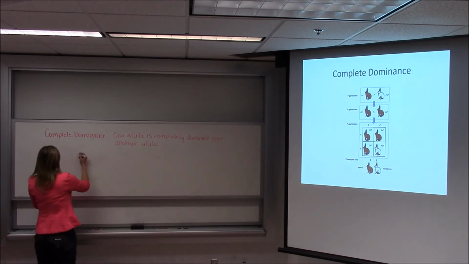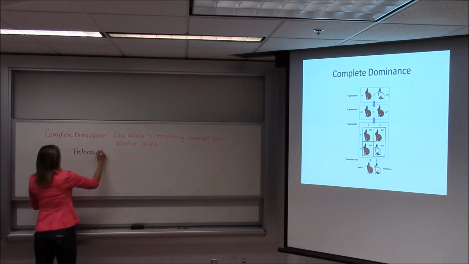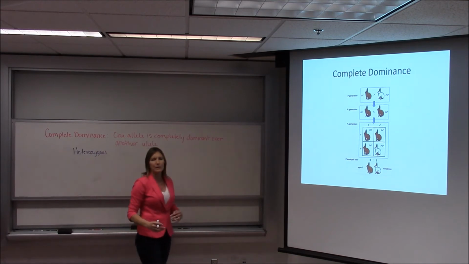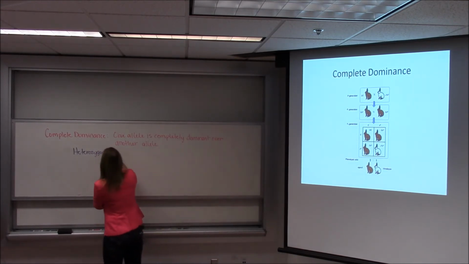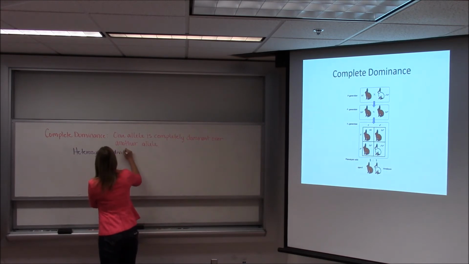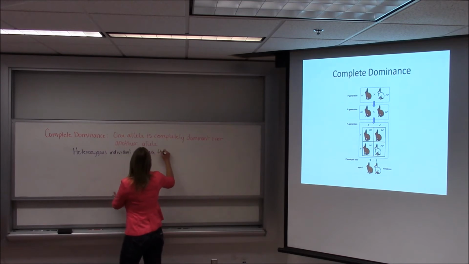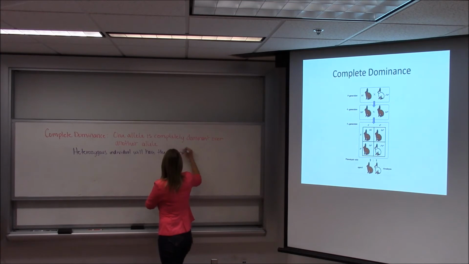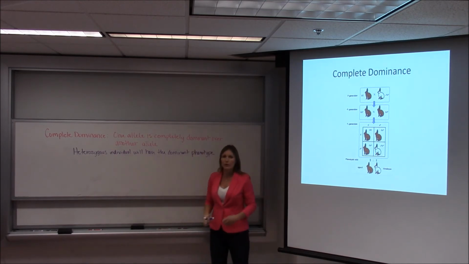If in that heterozygous individual we see one allele being expressed in the phenotype, then we know that was the dominant allele. So the heterozygous individual will have the dominant phenotype. It will look like whatever the dominant allele is. In other words, he has one of each allele, but he looks like the dominant one only.